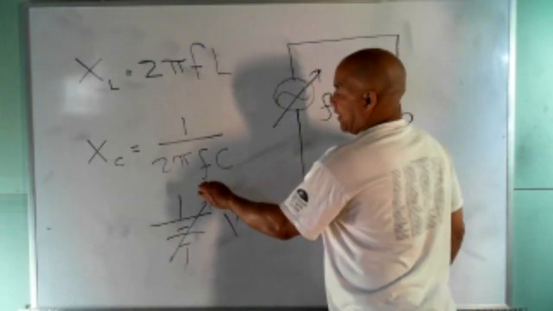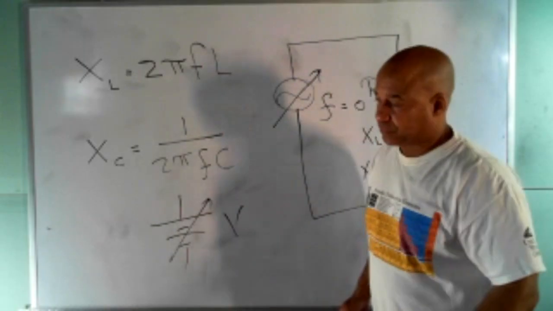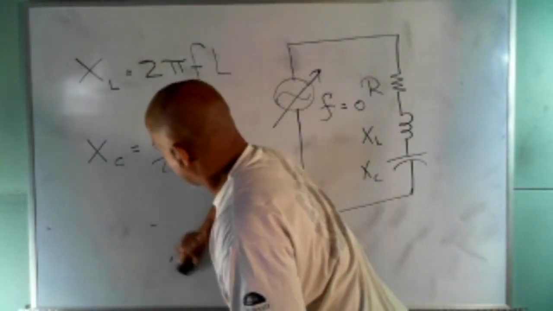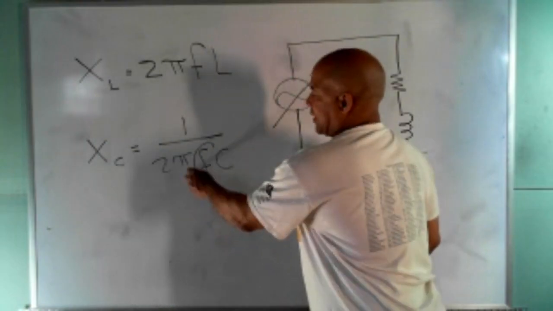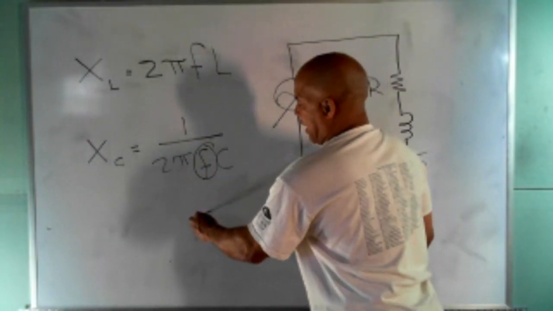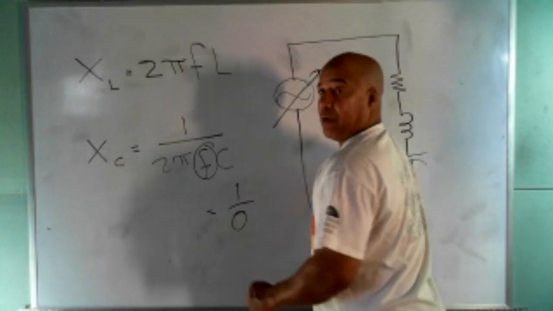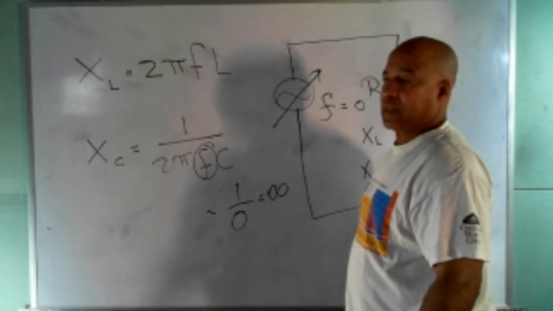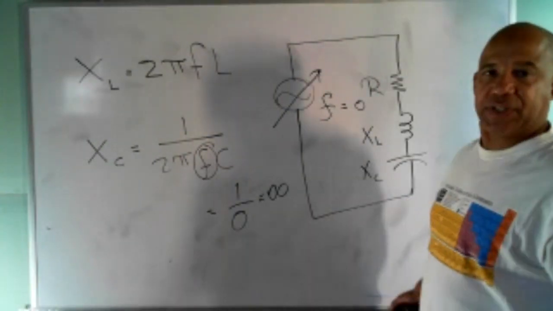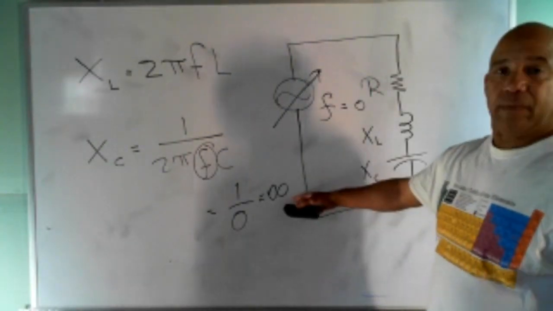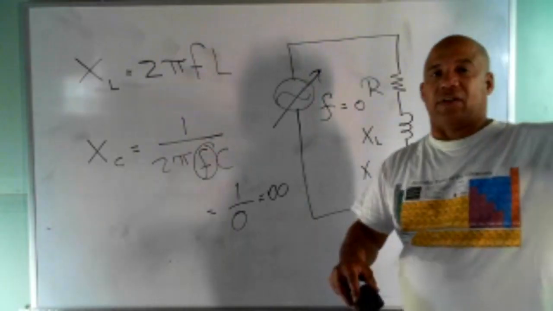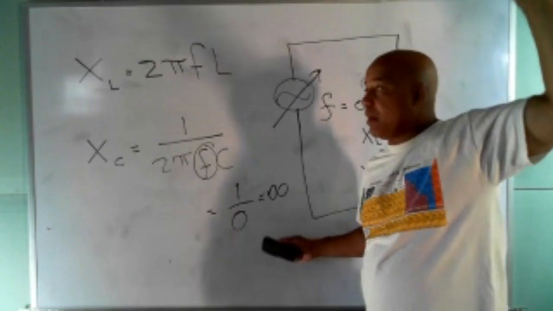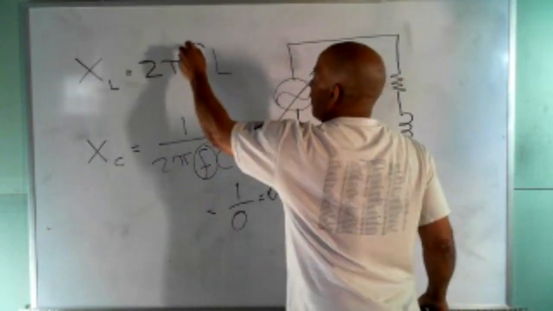Well, XC, if this is 0, then I have 1 over 0, which is infinite. That means I have a really high opposition. The capacitor reactance value, in ohms, is really, really high. It's infinite. And here, I put a 0 in for this.